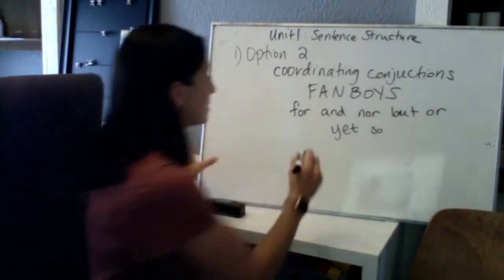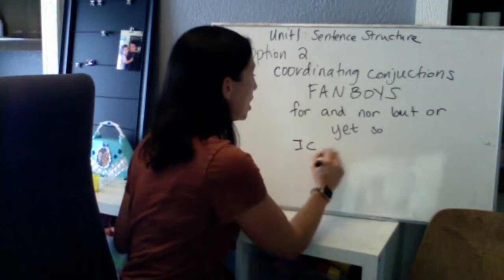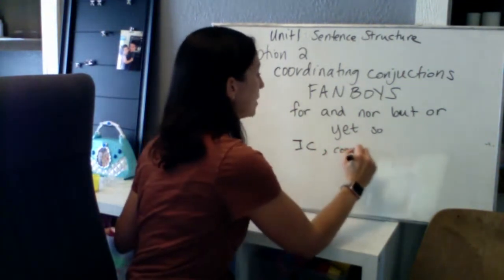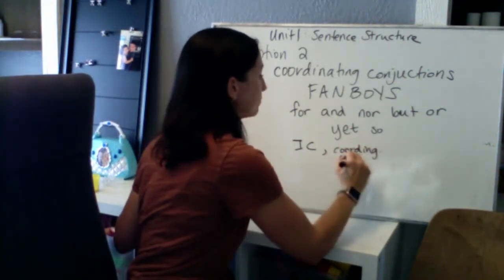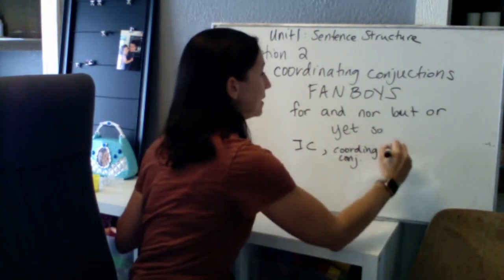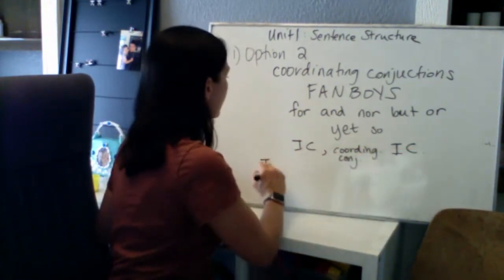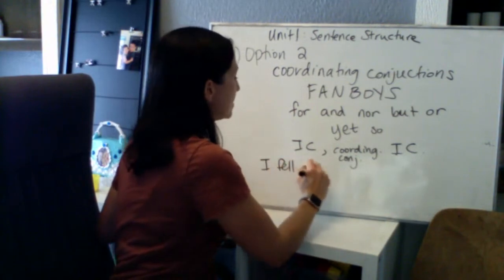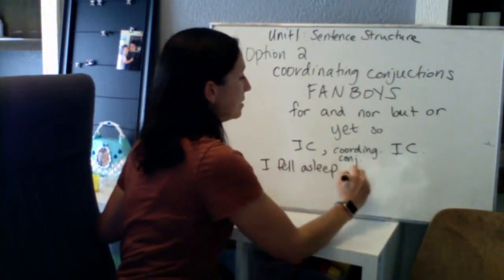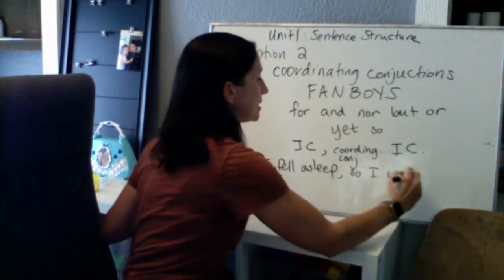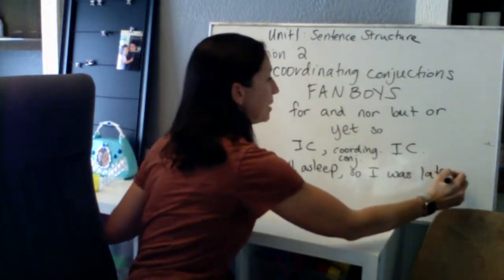So it's going to be independent clause, comma, coordinating conjunction, and then independent clause. So, for example, I fell asleep, comma, so I was late. Period.